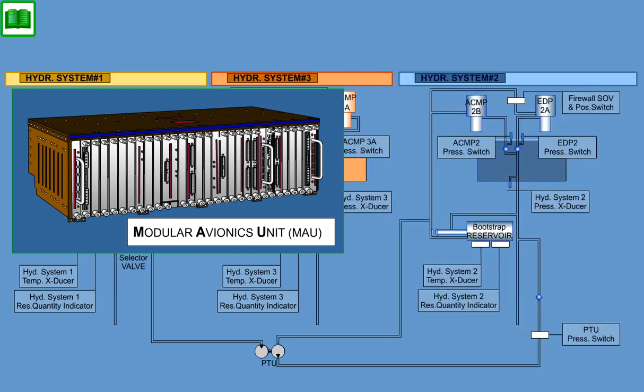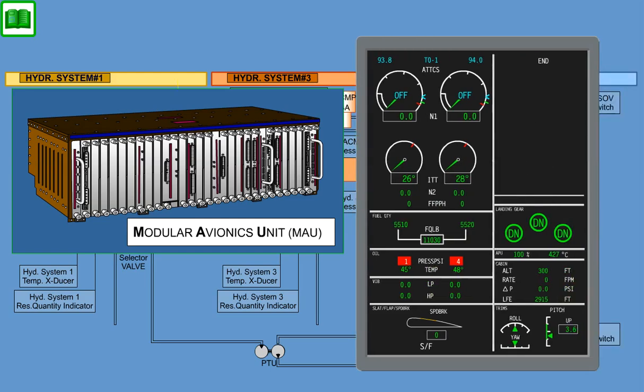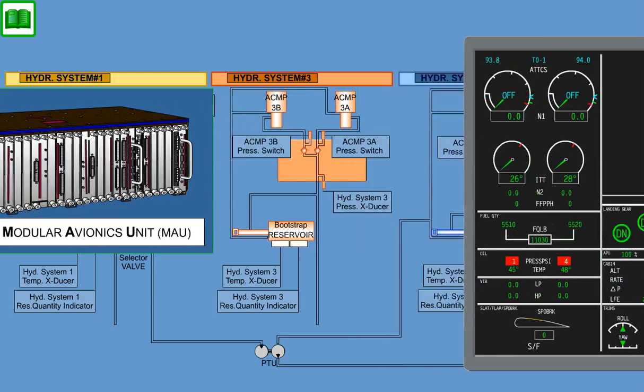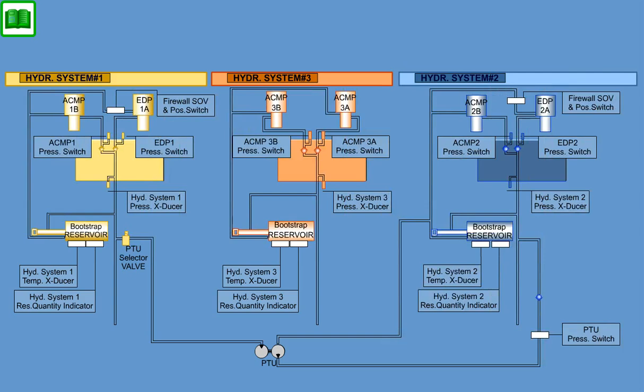The MAUs also use these parameters, along with other signals from other aircraft systems, to enunciate any hydraulic system problems on the ICAS display. On the interactive schematic, you will be able to view the different sensors, their locations, and their functions.